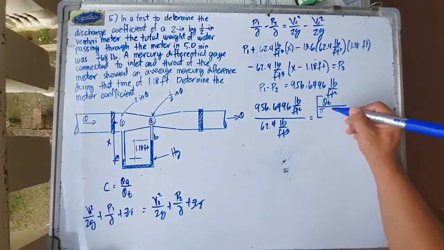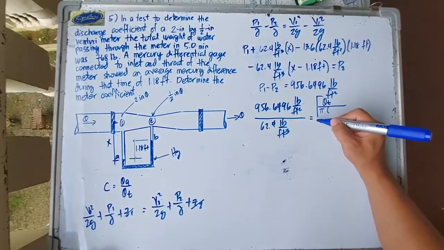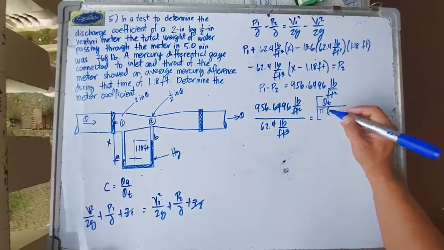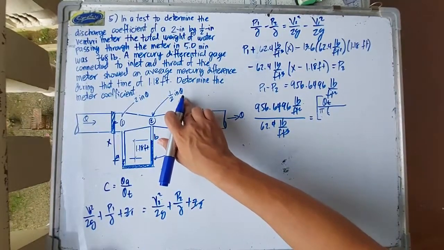It's pi times the diameter at point 2, that's 1/2 inch. Let's convert to feet.